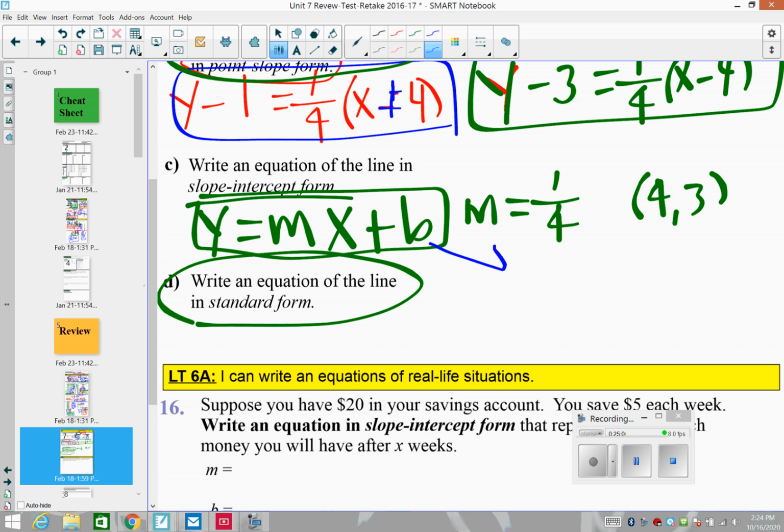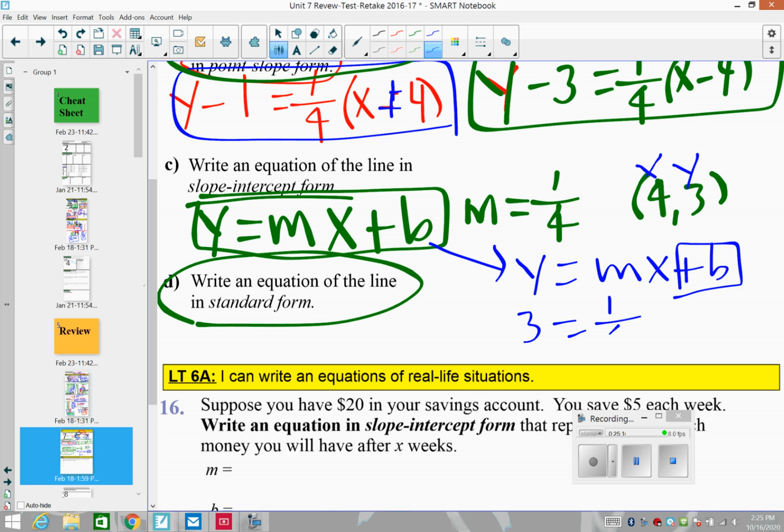Okay, you guys. Here we go. Y equals mx plus b is what our goal is. I'm going to have to find that b because it's not given to me. This is my x, this is my y. I plug a 3 in for y. My slope is 1/4. I'm going to multiply it by 4. So I end up with 3 is equal to 1/4 of 4 is 1.